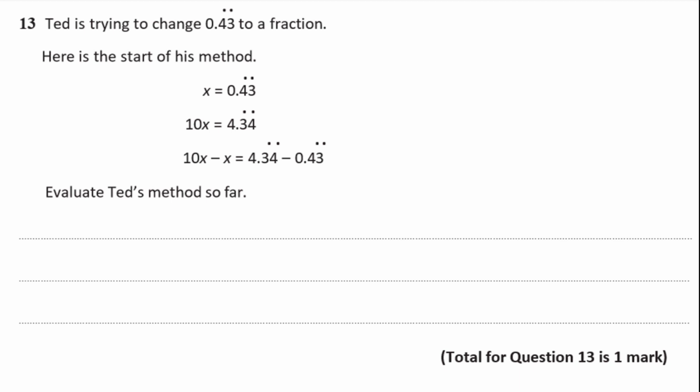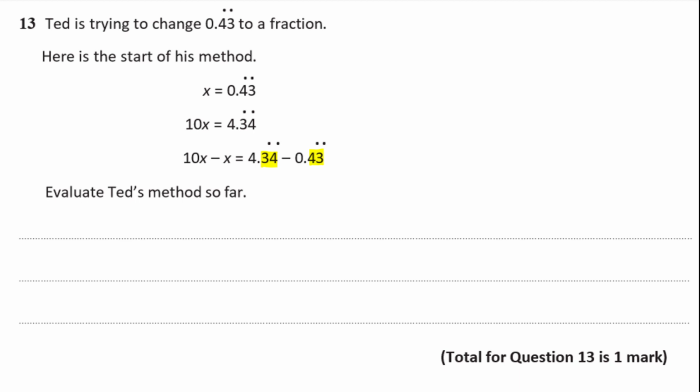Let x be the recurring decimal, and then he's multiplied it by 10 to get 10x equal to 4.34 recurring, and then he's subtracting the one thing from the other in the hopes that it will cancel out. But it's not going to, is it? Because if you have a look at the bit after the decimal point here, this is 3, 4, and this is 4, 3. So when you take one away from the other, it's not going to cancel out like it's meant to.